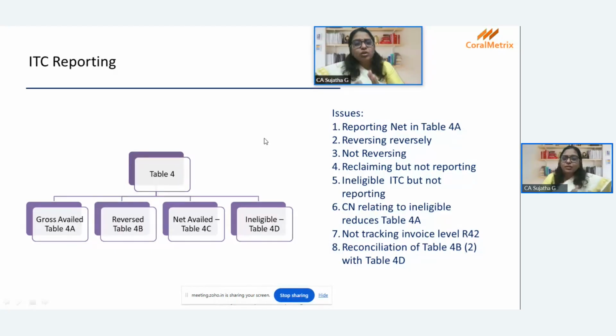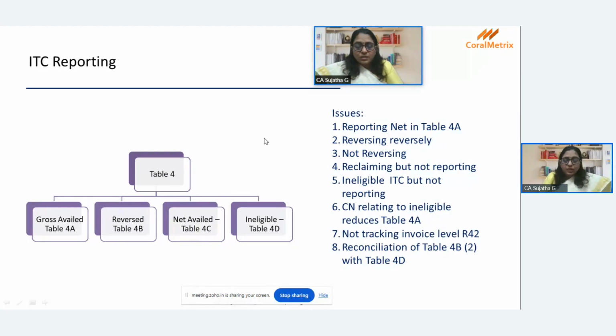Later on, after discussion, you can always reverse it through permanent reversal. Do not, in a hurry, reverse it through permanent reversal, then bring it back, then reverse it through temporary reversal, which becomes very difficult, right? So going forward, from this month onwards, these are some of the things we have to take care of.